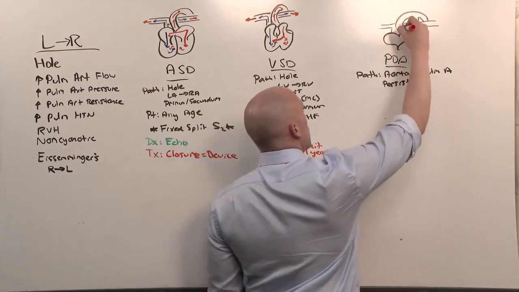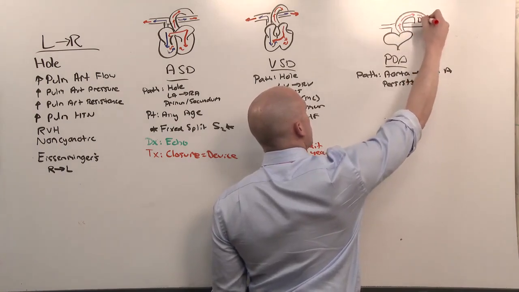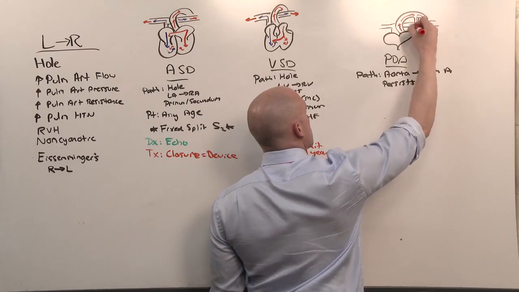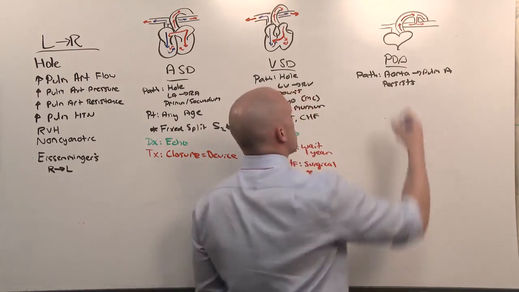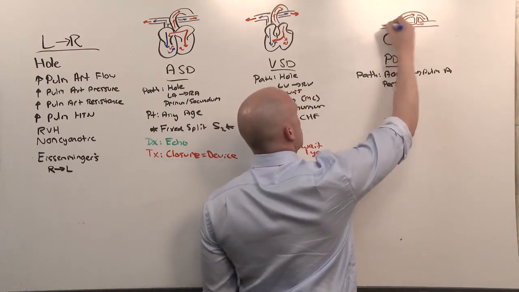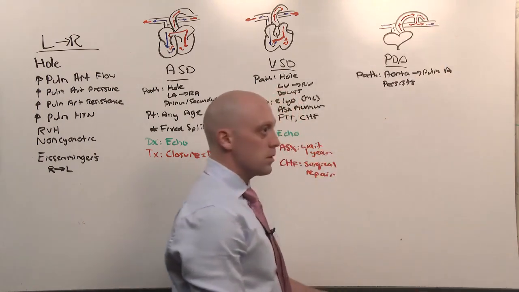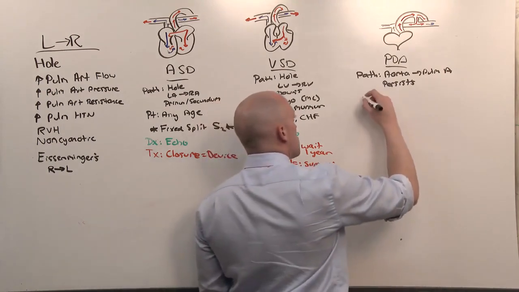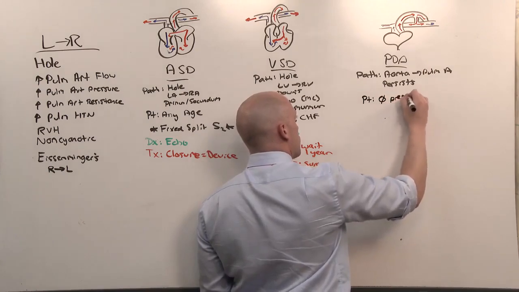That is, oxygenated blood from the left ventricle goes into the aorta and down to the periphery, but it also travels across the patent ductus into the pulmonary artery, where it mixes with deoxygenated blood from the right side of the system. The patient is going to present with a murmur that is not present on day 0.